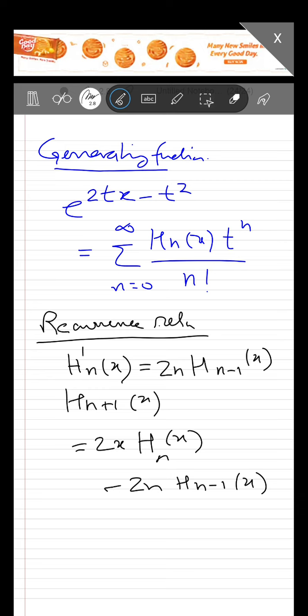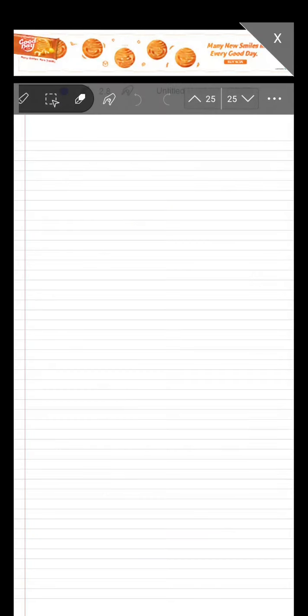So these are the recurrence relationships, and there are some other properties associated with Hermite polynomials. These are called the orthonormal properties. So let's write them in the next page.